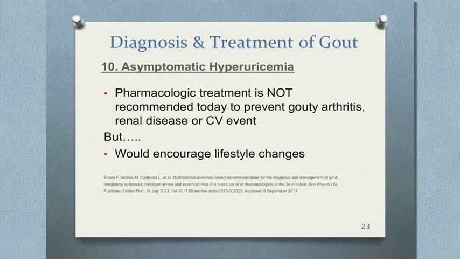And research is going on to see if we should be treating people prophylactically to prevent gouty arthritis, renal disease, and the cardiovascular events are also under research, because we don't know if it's the hyperuricemia or the state of inflammation which you have with gout, which contributes to the excess severity of cardiovascular events in some patients with gout. Regardless of whether we're using pharmacologic therapy, which today is not standard of care for hyperuricemia, we would absolutely encourage lifestyle changes.